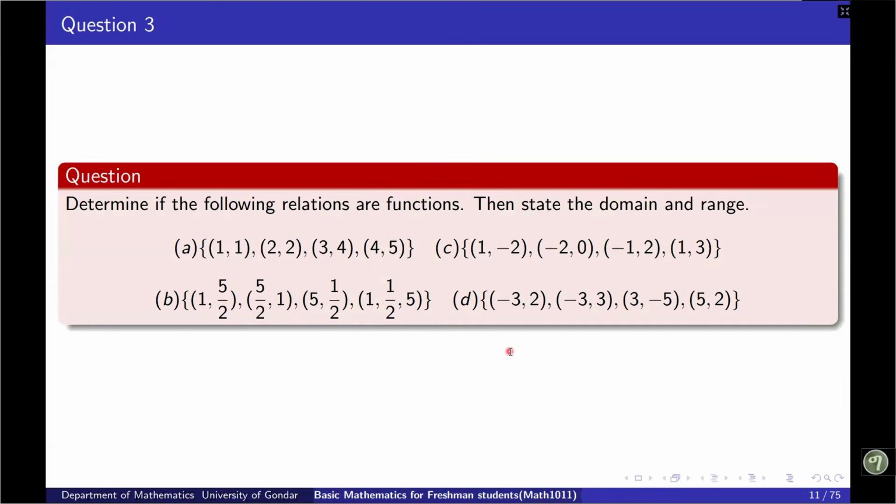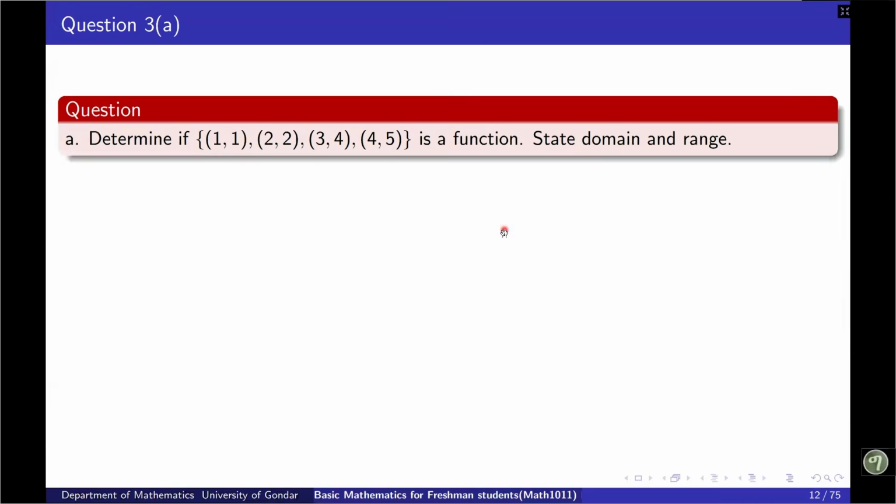Okay, question number 3. It is again determining whether the following relations are functions or not, and we are asked to state their domain and range if they are functions or relations generally. So let us see the first one. The first relation we are given here.